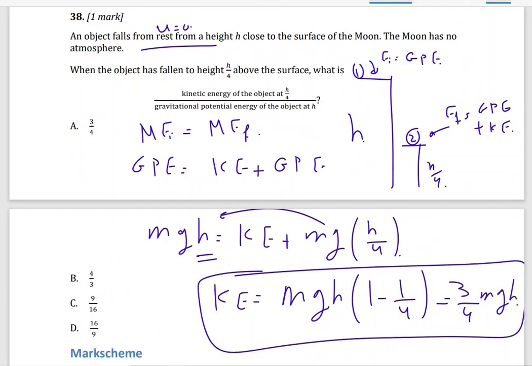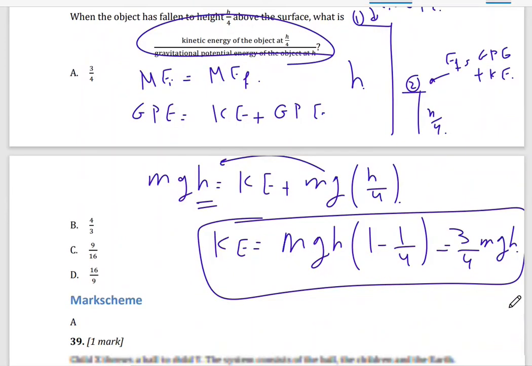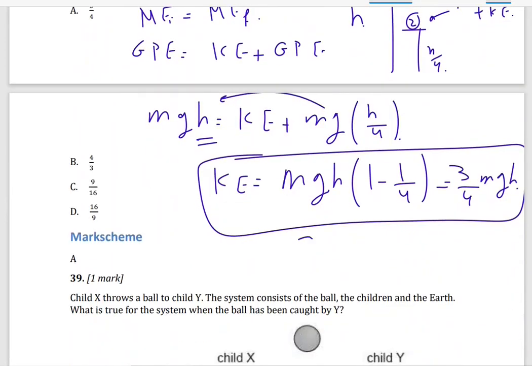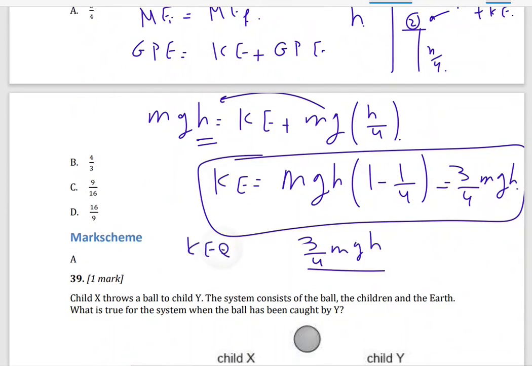Now the question is, what is the kinetic energy at the lower height divided by the gravitational potential energy at height h?